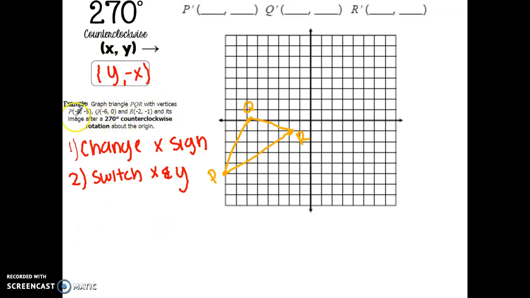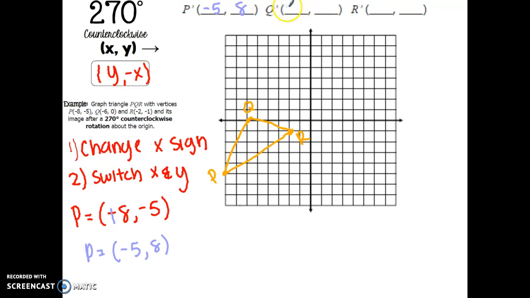For example, we had point P, and that was (-8, -5). We changed the sign of x, so this is going to become a positive. And then P prime is just going to have those but flipped. So (-5, 8) will be our P prime.